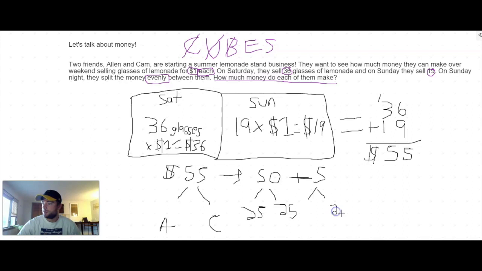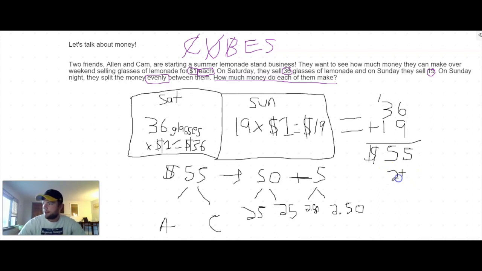So 2.50 into 50. Okay, so each of them is getting $25 and $2.50.